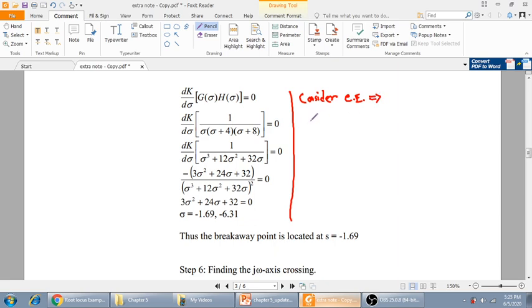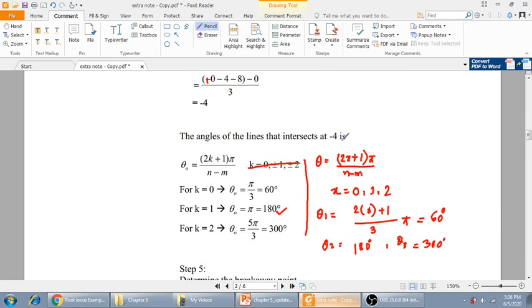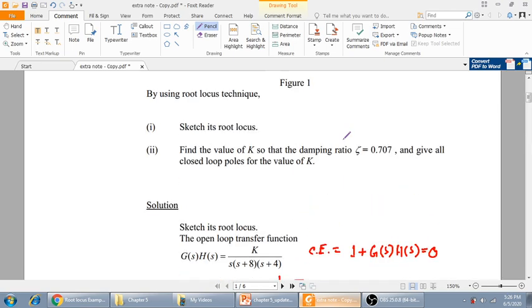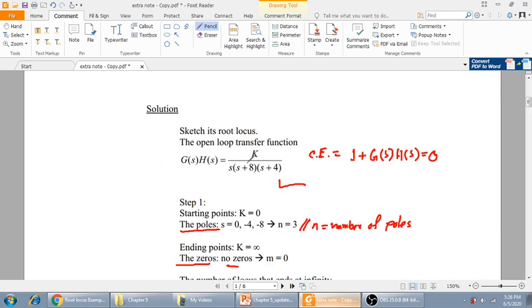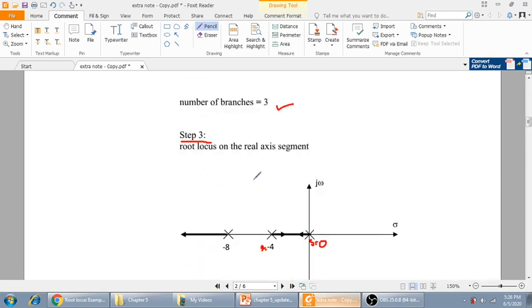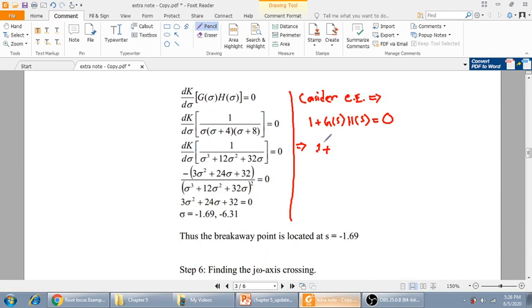The characteristic equation is, we know that 1 plus G(s)H(s) will be 0. So if you replace the value of this, 1 plus G(s)H(s) is 1 plus K over s plus 8, s plus 4.